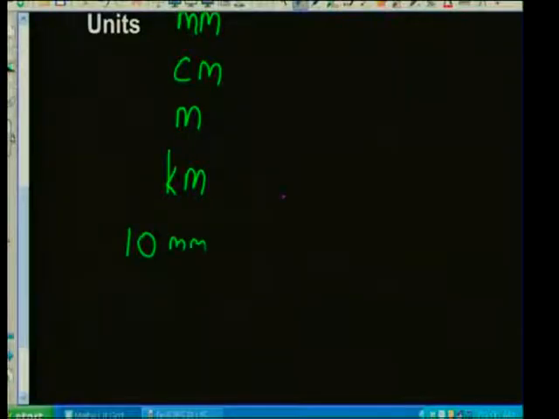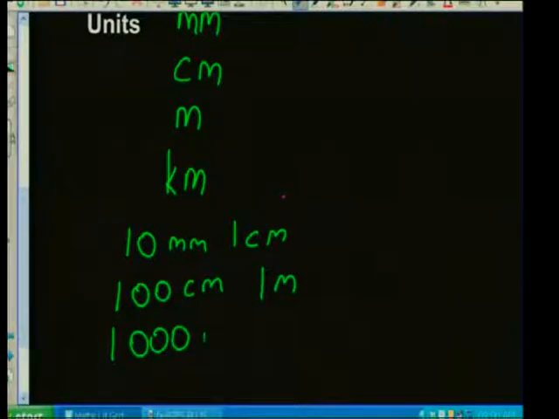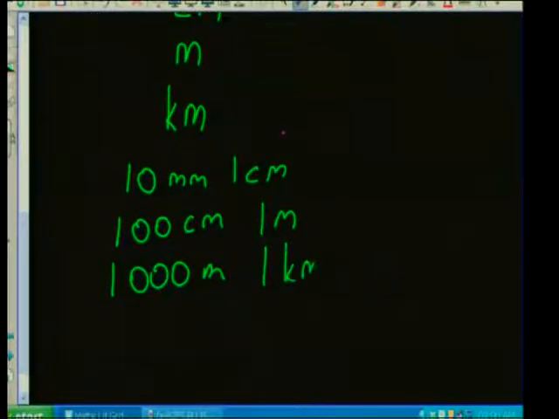Let's just quickly remind ourselves of our measurements. I know we've done this before, but I'm going to do it quickly again. We've got 10 millimeters in 1 centimeter. We've got 100 centimeters in 1 meter. And finally, 1,000 meters is 1 kilometer.